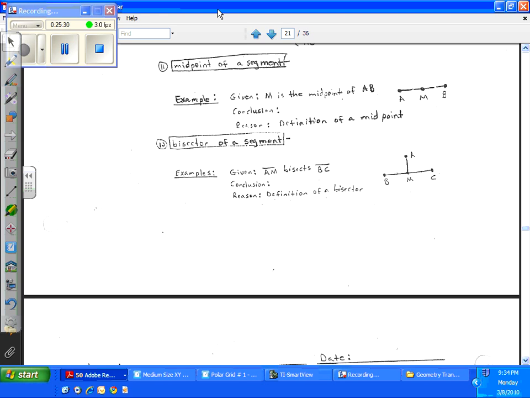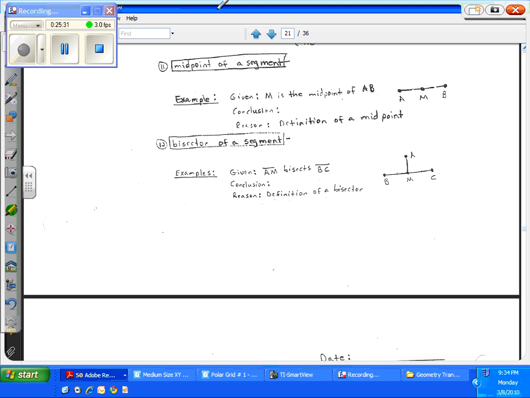Bisector of a segment. Now, the midpoint of a segment is the point that divides a segment into two equal segments. It's the location of the division.